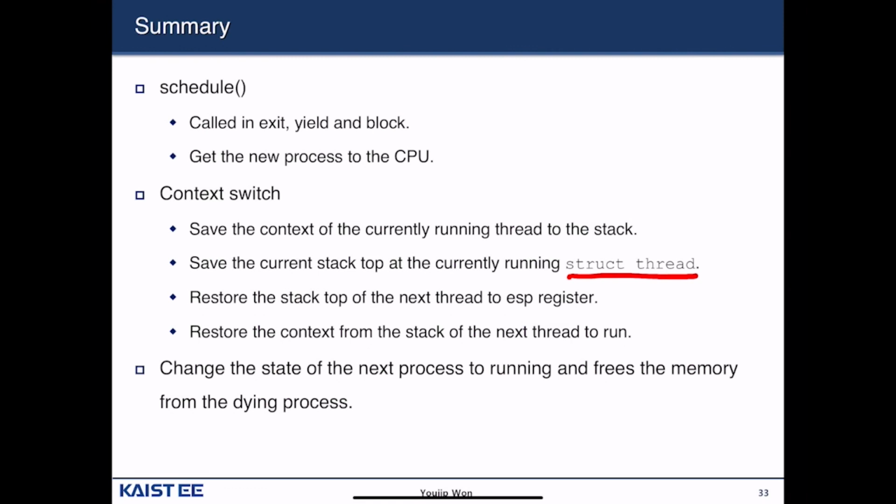And then it switches the stack top register to point to the stack top of the next thread, and then it restores the context from the stack to the CPU. And after switching the 2 threads, it updates the state of the next running process and then frees the memory from the dying process.